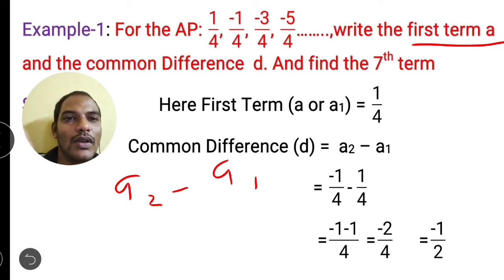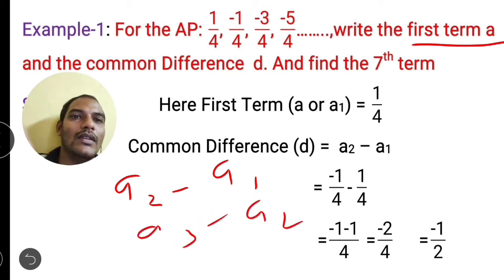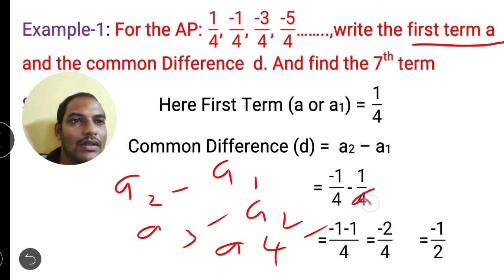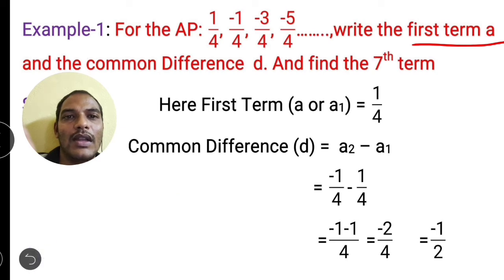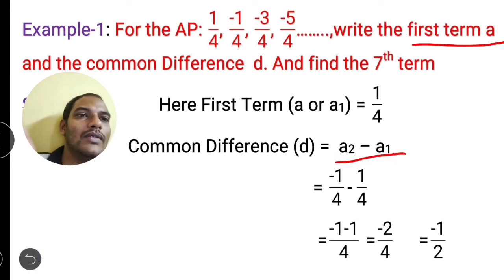Otherwise, you can use one more formula, that is a3 minus a2. Otherwise a4 minus a3. So did you understand how to find the common difference? The difference of any two consecutive terms of a given AP is called the common difference. But here I am using the a2 minus a1 formula.